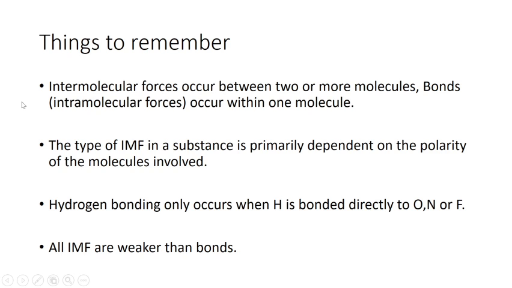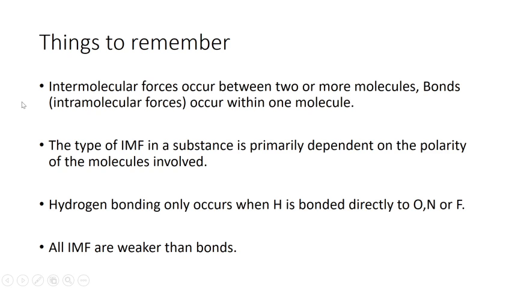Things to remember. So intermolecular forces occur between 2 or more molecules, right? Bonds, which you could also call intramolecular forces, occur within a molecule. The type of intermolecular force in a substance is primarily dependent on the polarity of the molecules involved.